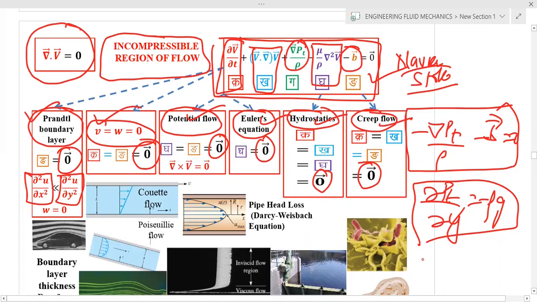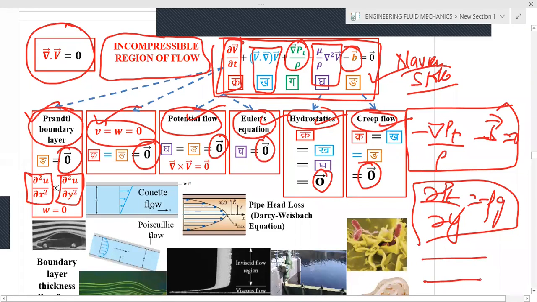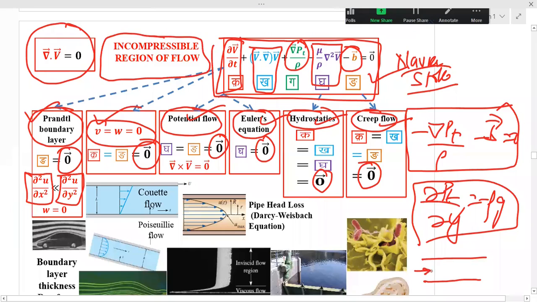For instance, if there is a pipe flow in X direction, what do you think? What should be the V component and W component velocities? When pipe flow is there, flow is in say X direction, you have only U as non-zero component.